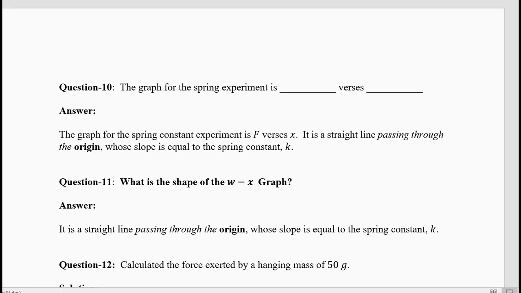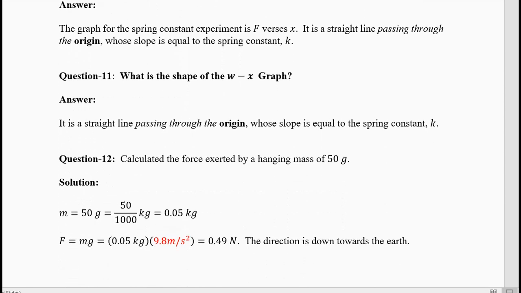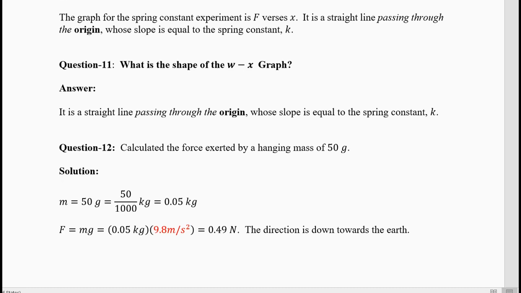The slope has a physical meaning, and in this case it is the spring constant. On the x axis you put the displacement, and on the y axis you put the restoring force. What is the shape of the W-x graph? You can write the F-x graph or the W-x graph. It is a straight line passing through the origin whose slope is equal to the spring constant K.